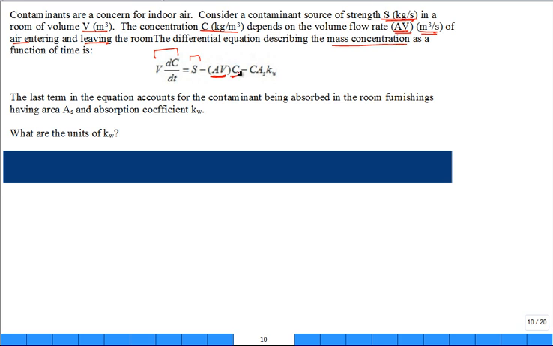And the last term, it's a sink because of the negative sign, or removal due to being absorbed into furniture, carpets, walls, something else that's in the room. So the last term in the equation accounts for the contaminant being absorbed in the room furnishings, and you talk about the area of the surface in which it can be absorbed and the absorption coefficient KW. KW right there. What are the units of KW?